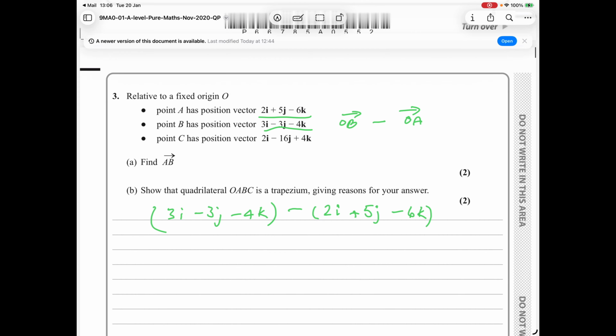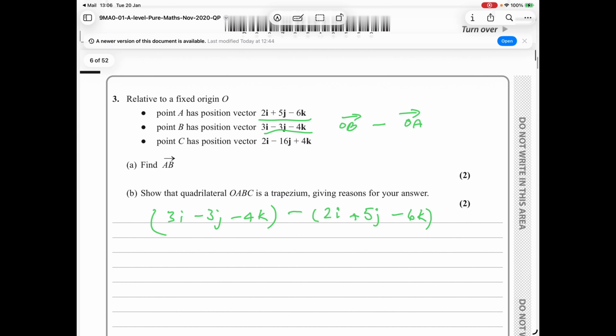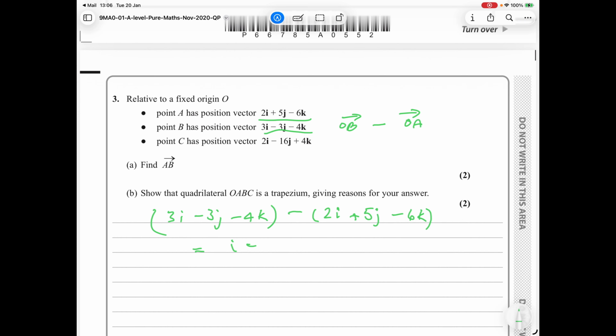So 3i minus 2i is i, and then minus 3j minus 5j is minus 8j, and then minus 4k minus 6k is going to be plus 2k, because that's a minus minus. Okay, so that's given us that.